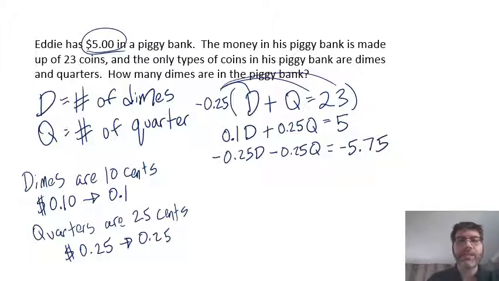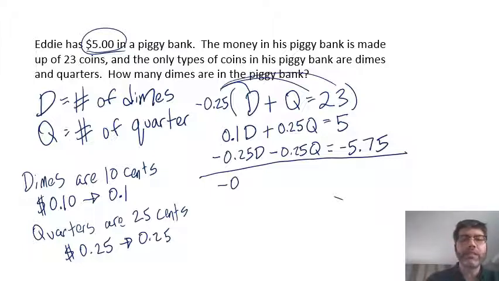All right, now I can add. 0.1D added to negative 0.25D will give us negative 0.15D. The quarters cancel out when you add them together because 0.25 plus negative 0.25 is 0. And then on the right-hand side, 5 plus negative 5.75 is going to be negative 0.75.